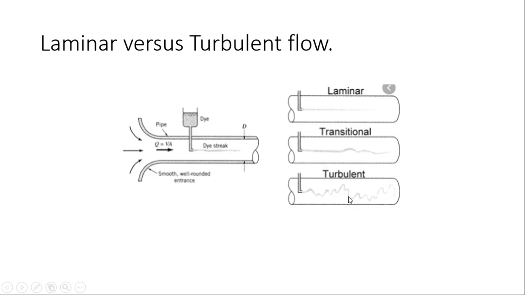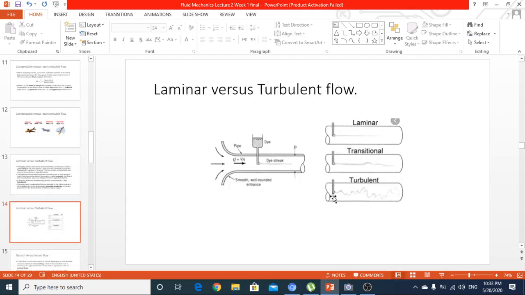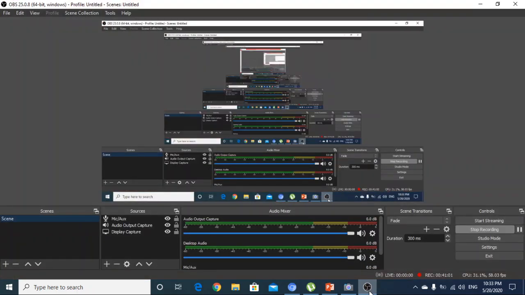The rotational flow, or eddy formation, comes into the flow pattern, which is not like direct flow where the layers move parallel to each other. In turbulent flow, the layers mix up, we get some rotational flow, and we get some eddy formation as well. Okay, let's discuss it on the whiteboard as well.